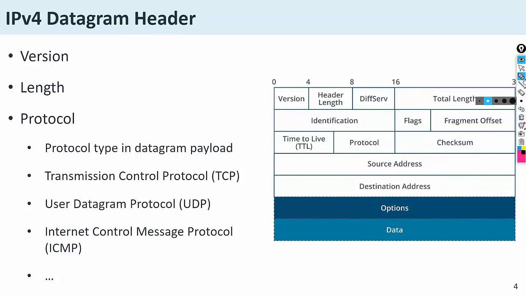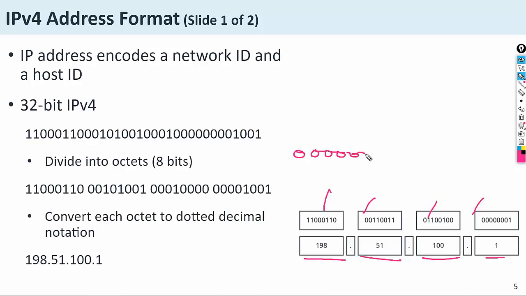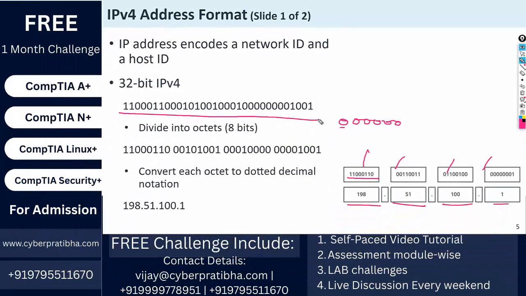So how does this address look? This is the format of the IP address. An IP address has 4 octets, as I have told you. Every octet has a value of 8 bits. Here are the 8 bits, and in total we consider a 32-bit IP address.